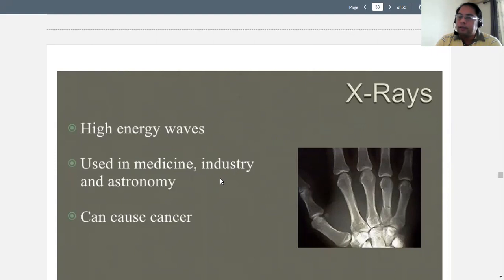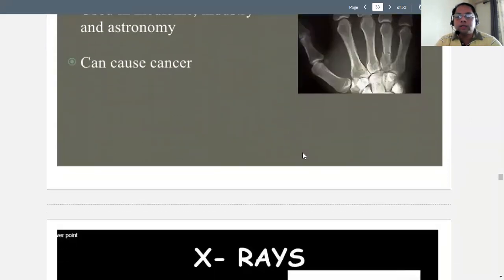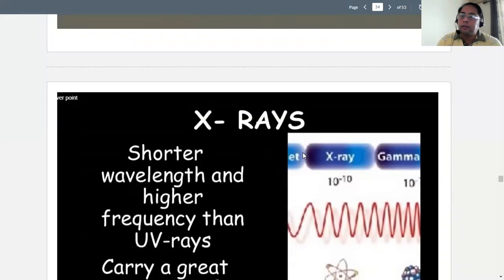I think in the industrial field, you can check a structure if it's good or not internally by bringing a portable X-ray machine. And astronomy, I'm not really familiar with how to use that in astronomy, but in medicine you can expose some cancer cells to X-ray and somehow treat it, if it is still within the level that it is treatable.